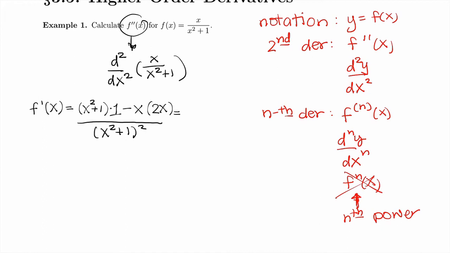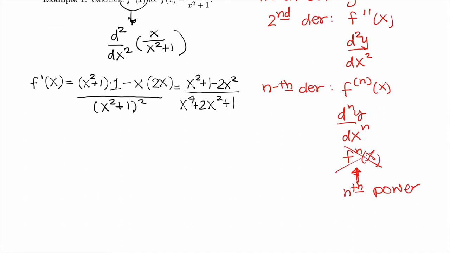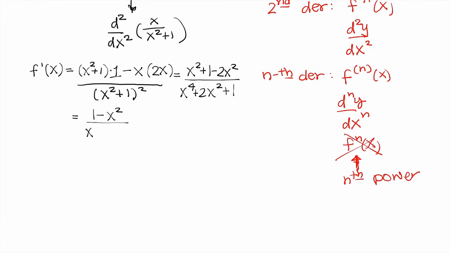This is x squared plus 1 minus 2x squared, divided by x to the 4th plus 2x squared plus 1, multiplying it out. So finally, my first derivative is going to be, x squared minus 2x squared, that's going to be negative x squared. So it's 1 minus x squared over x to the 4th plus 2x squared plus 1. So that's my first derivative.